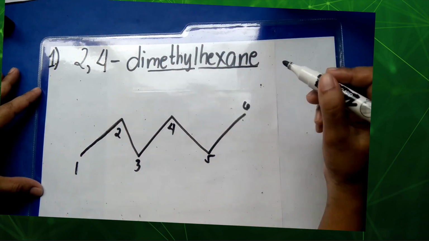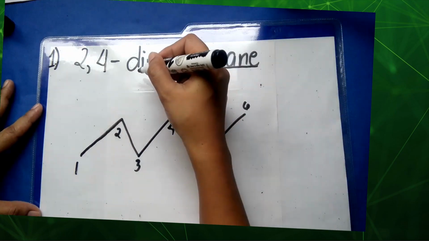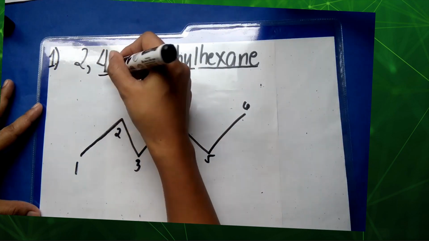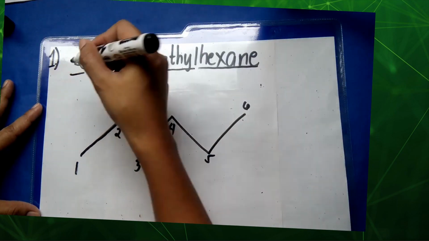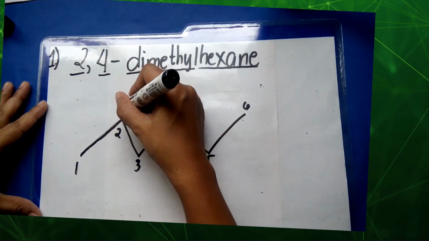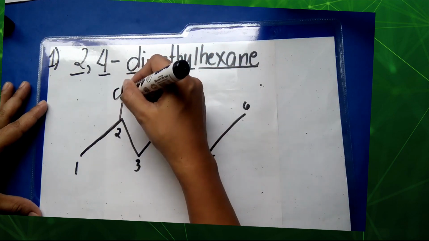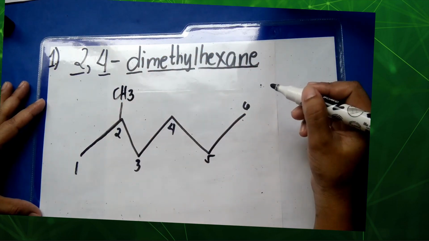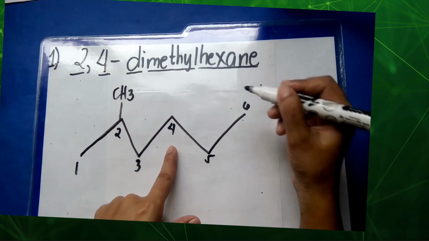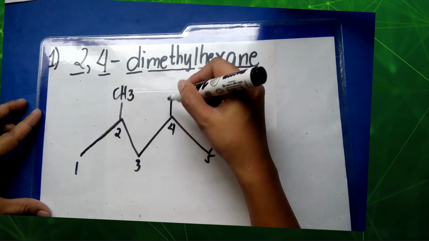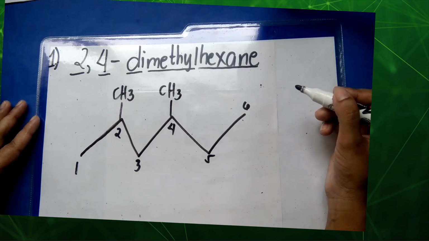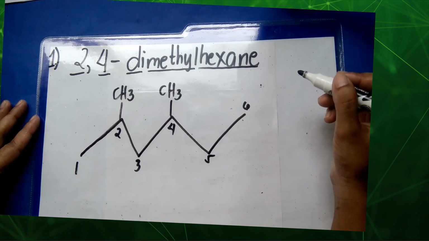We know that methyl is CH3. And how many methyl? Di. Where are they connected? On the number 4 carbon atom and on number 2. So, look for number 2. Let us connect the methyl CH3 and then on number 4, let us connect another methyl. So, we have here methyl.